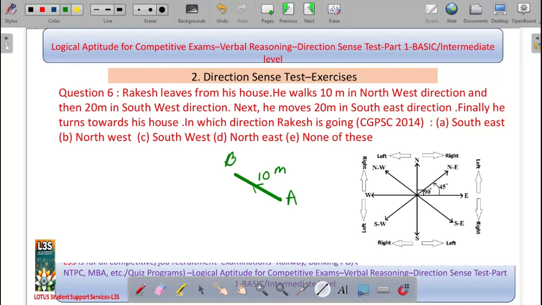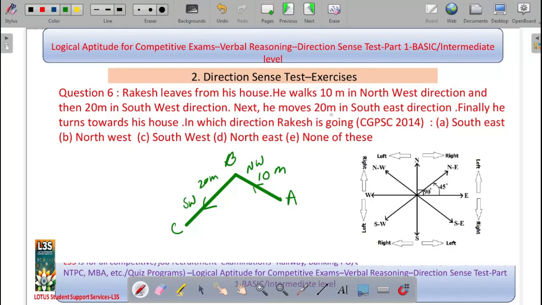Southwest direction is between south and west. So this direction will be, and it is 20 meters. So it is double. Something like this. This is 20 meters. This is northwest direction. This is southwest direction. Now finally he turned towards this.